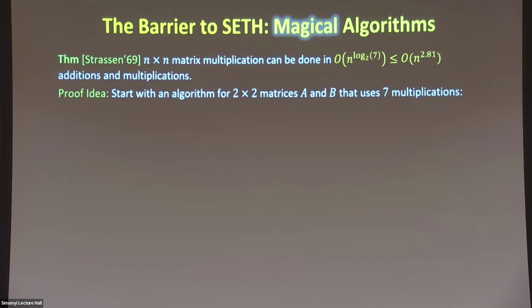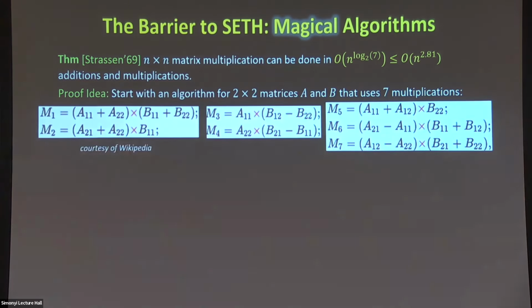So here's the proof idea. You start with an algorithm for 2x2 matrices that only uses 7 multiplications. The story is that Strassen was trying to show that 2x2 matrix multiplication needs 8 multiplications, and he failed to do so. So you construct these particular matrices from multiplying.